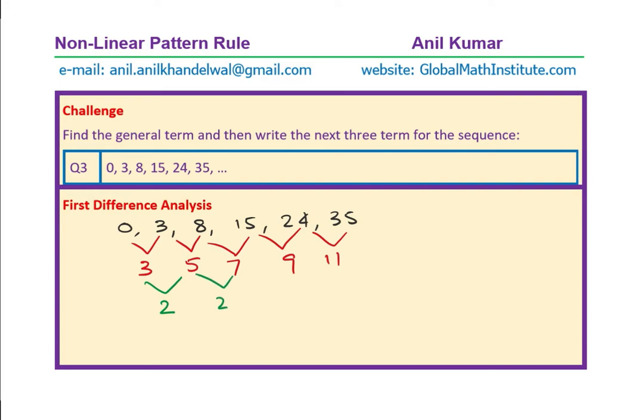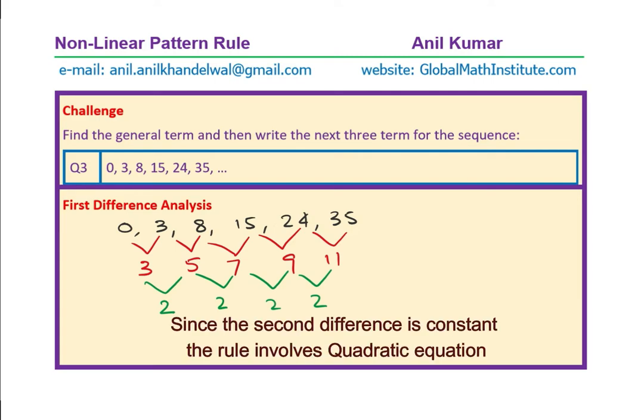So we see clearly that the second finite difference is constant. We sometimes use the word delta for difference, so the second difference is constant, in short form, which is 2.